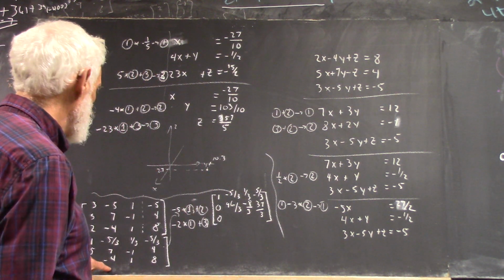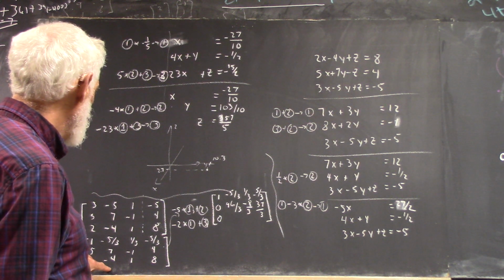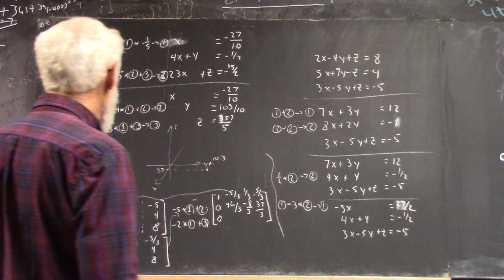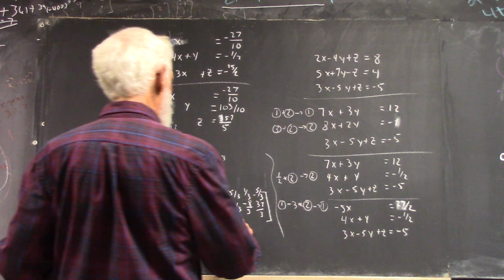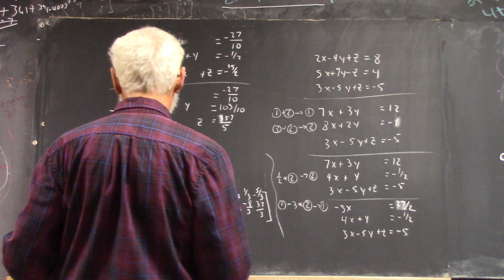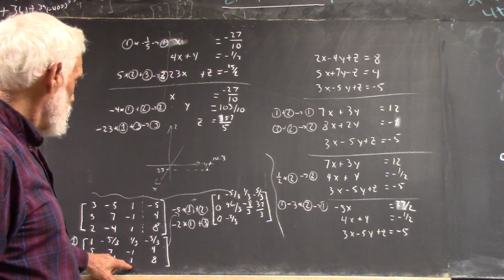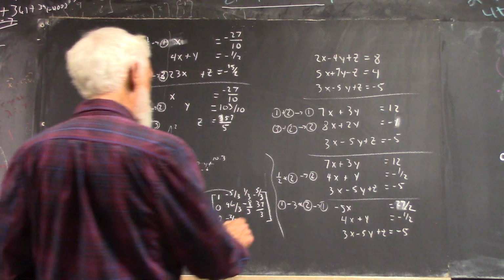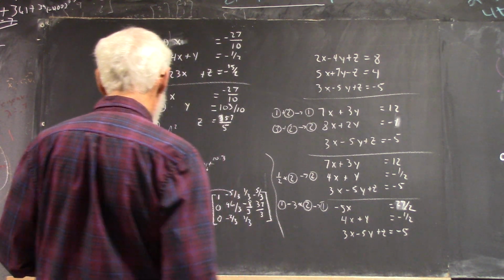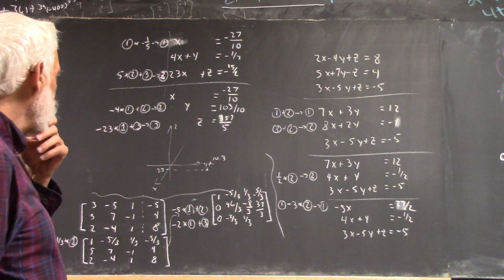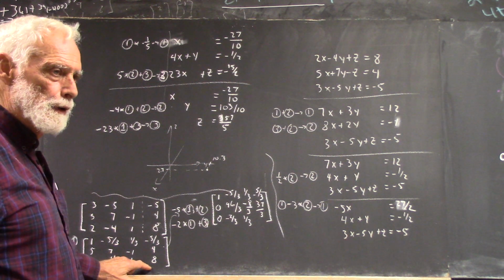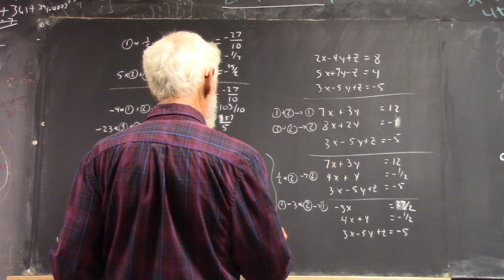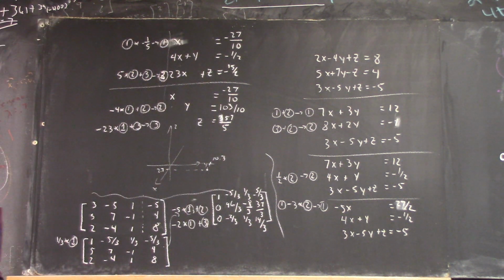Negative 2 times the first row is 10/3. Added to negative 12/3 gives me negative 2/3. Okay? Then here, negative 2/3 added to 1 gives me 1/3. And then negative 10/3 added to 8, which is 24/3, gives me 14/3. Okay?